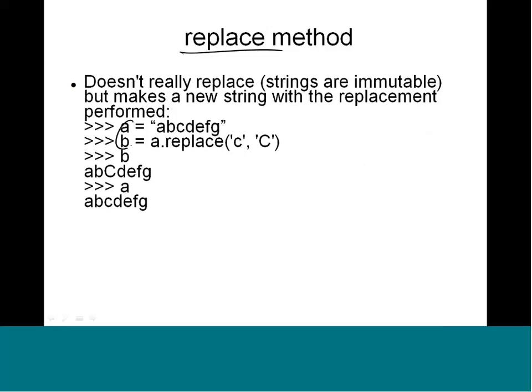We define a string variable a with a b c d e f g, and then another variable b, which we are going to call a.replace c with uppercase C. So now if you print b, it's a b uppercase C d e f g, whereas a is simply a b c d e f g.